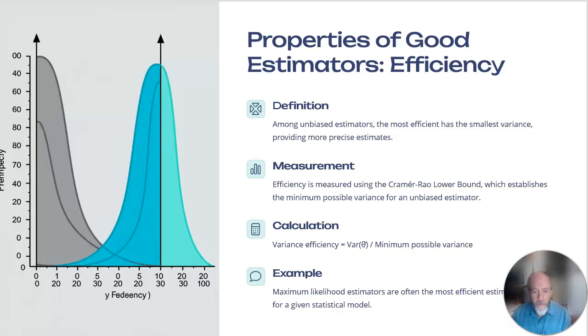In terms of efficiency, it is essentially the variance of the sample divided by the minimum possible variance. You can do a calculation of that. One of the estimators that's used a lot is the maximum likelihood estimator. We're going to talk about that in a minute, and you'll see that there's a process involved here.